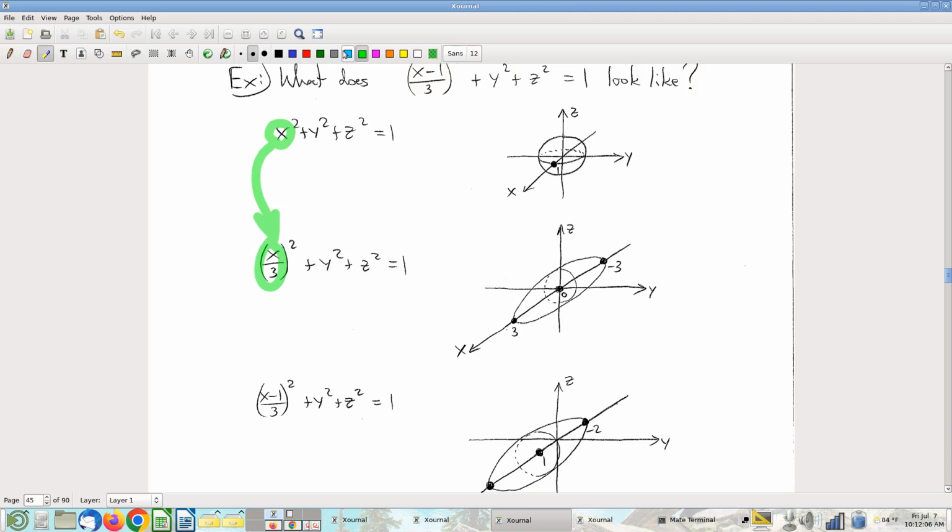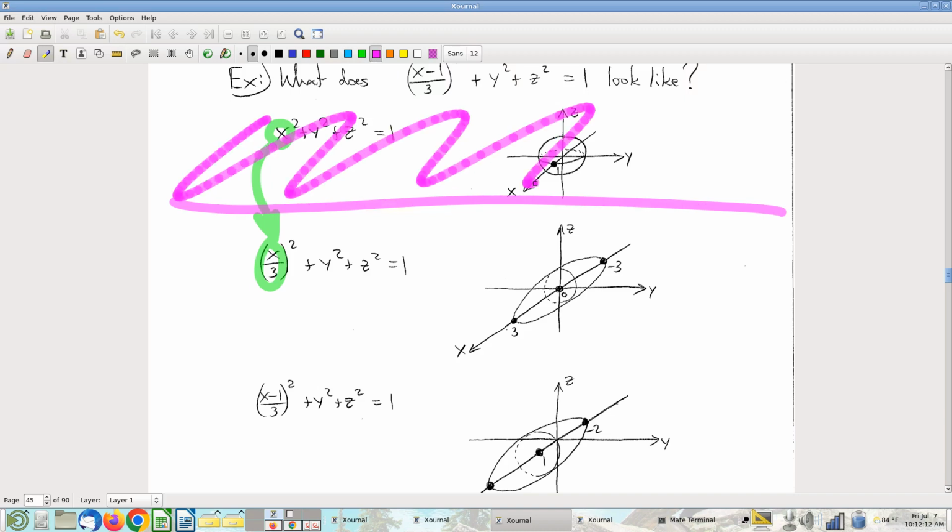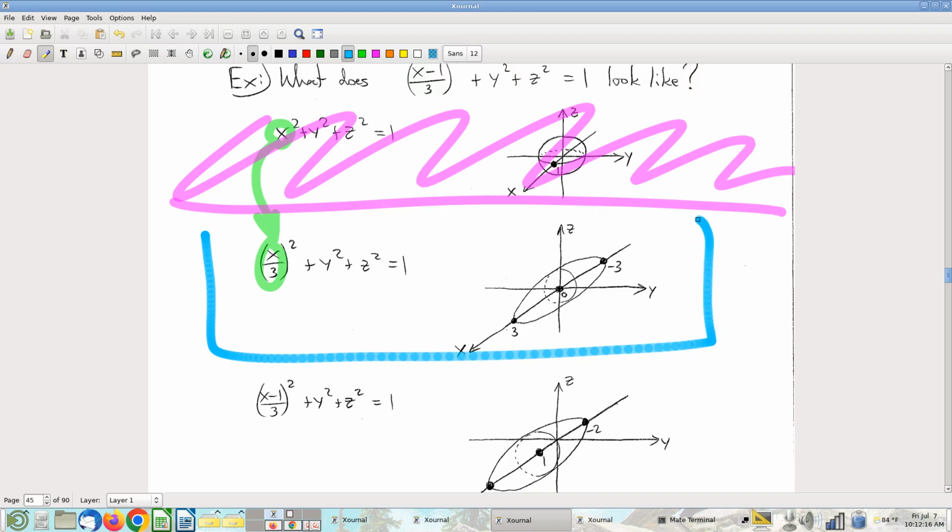And then subsequently replace, and by the way, realize, once you've done this, I'm not looking at that anymore. Now I've got a new equation, a new surface. The blue is all that I'm dealing with. And that thing that used to be x is not x anymore. Right?